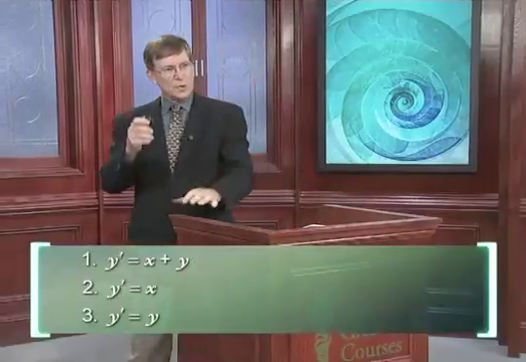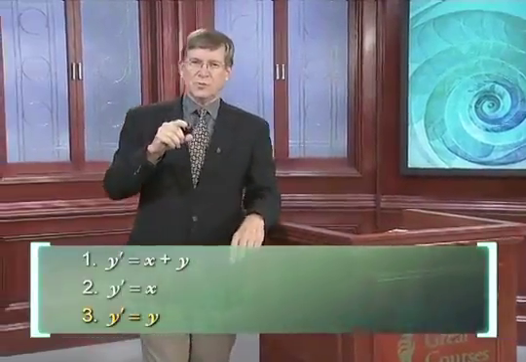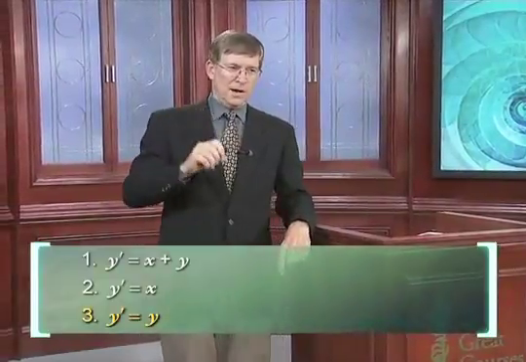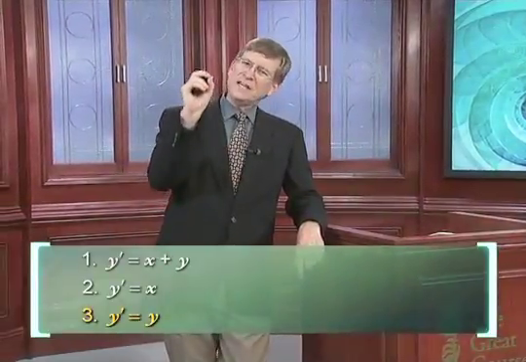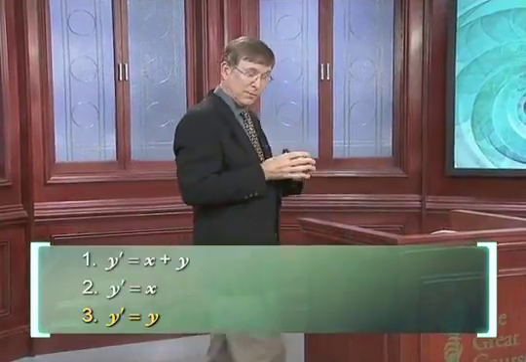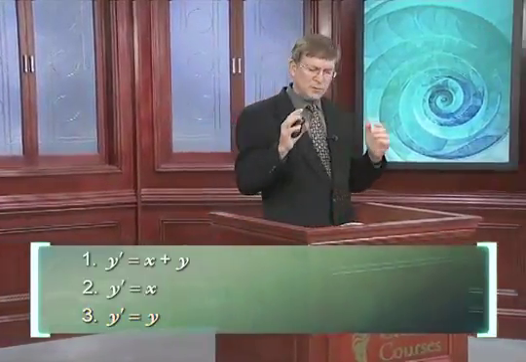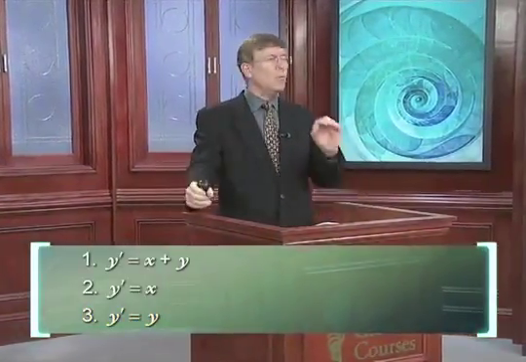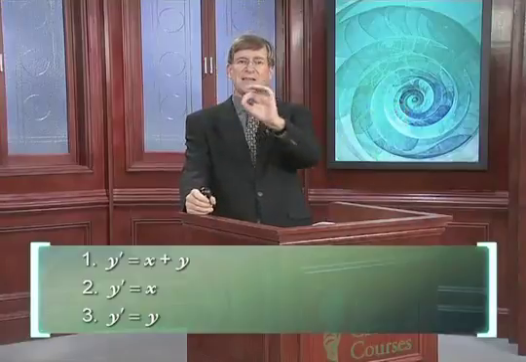Notice that in the third differential equation, y prime equals y, if y is 0 in that equation, then the derivative is also 0, isn't it? Because y prime would equal 0. What that tells me is that when y is 0, now when is y 0? That's the x-axis.